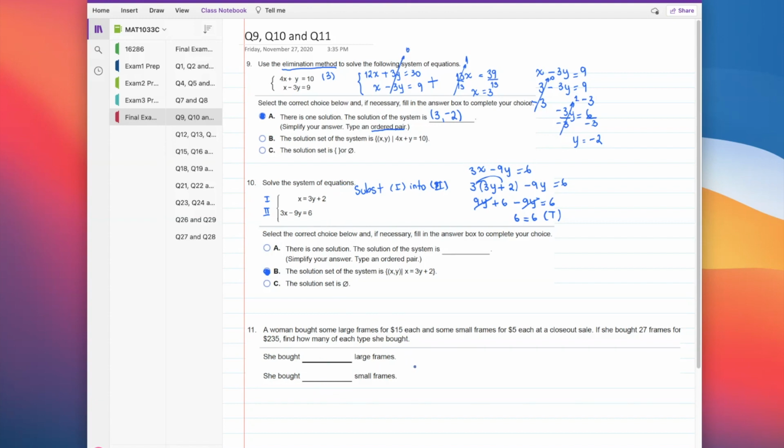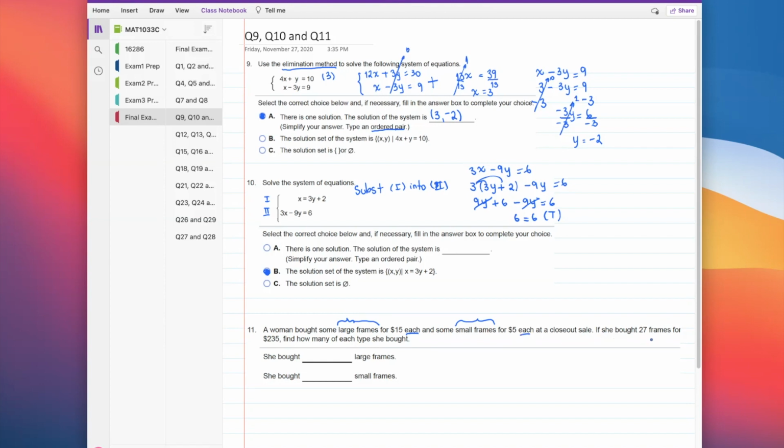Number 11 is a problem solving involving system of equations. A woman bought some large frames for $15 each and some small frames for $5 each at a closeout sale.